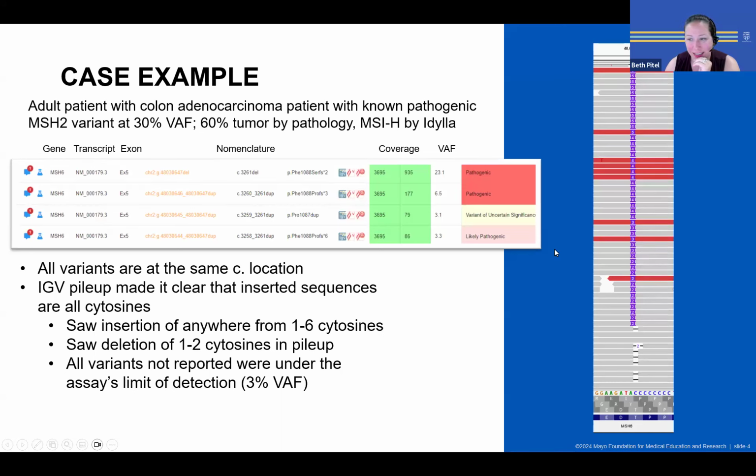All right. And then what are thoughts about how variants like this should appear on a report?